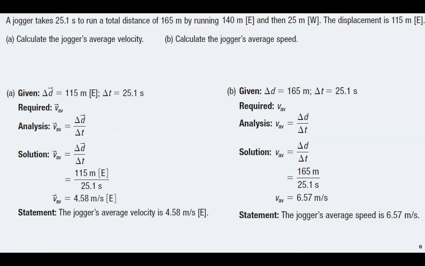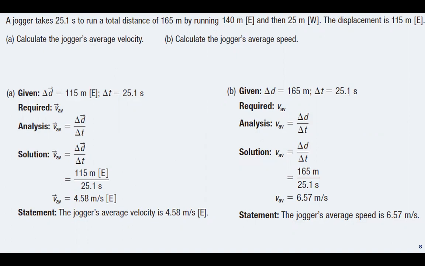Delta d is 115 meters east divided by 25.1 seconds. That should give us the average velocity equals 4.58 meters per second. The direction is east. Remember that the average velocity is also a vector, right? So in addition to specifying its magnitude, you should also specify its direction, which is east.